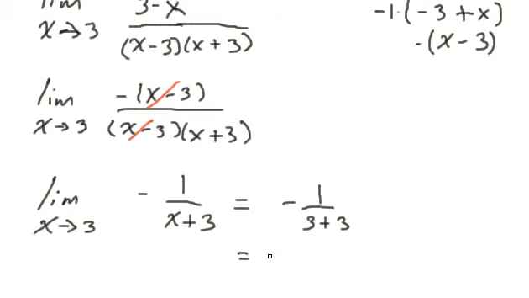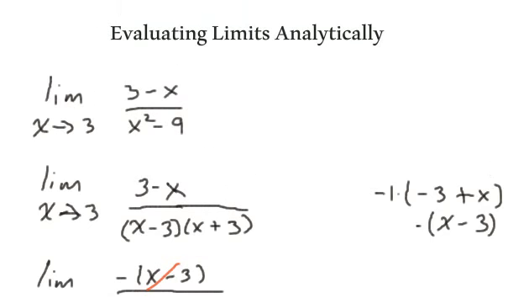And of course that simplifies down to negative 1 over 6. So we can go back up to the top, where we started out with our original limit, and say that this is equal to negative 1/6.